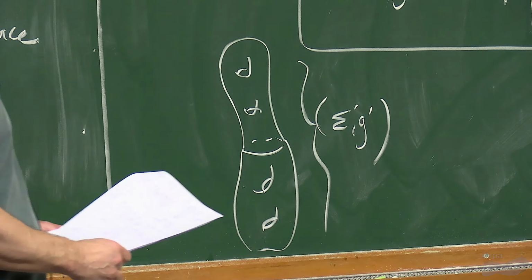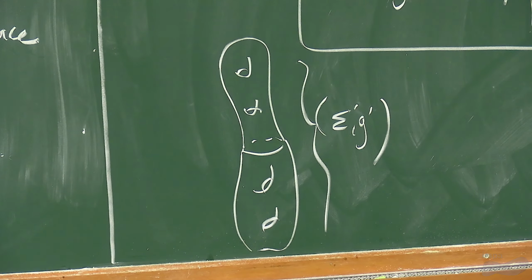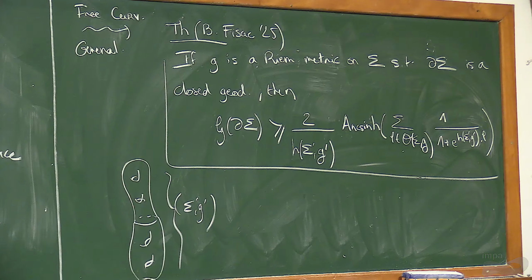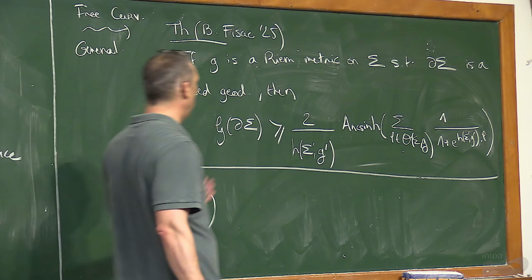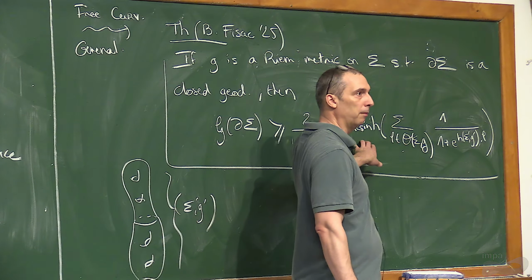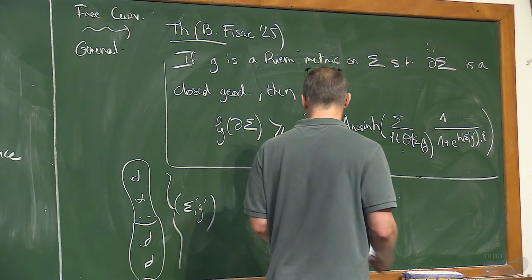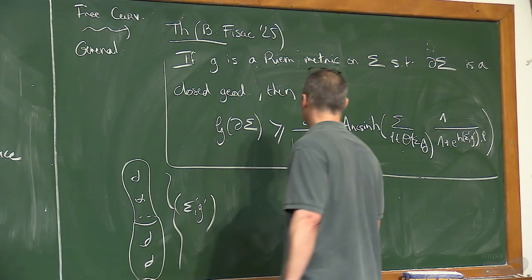Okay, so you get the generalization. Of course, we don't think that this lower bound that we obtain is sharp, but there is a lower bound, which was not obvious.